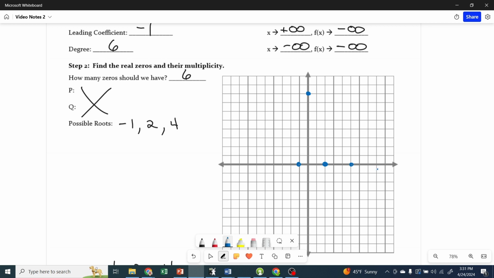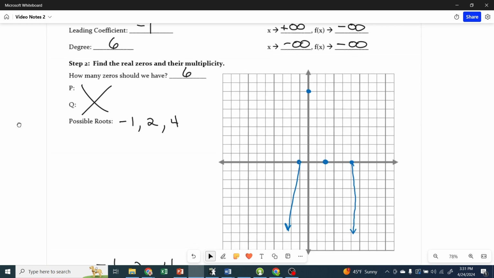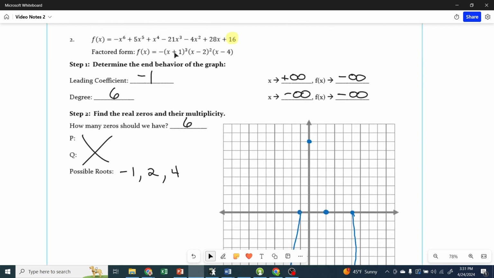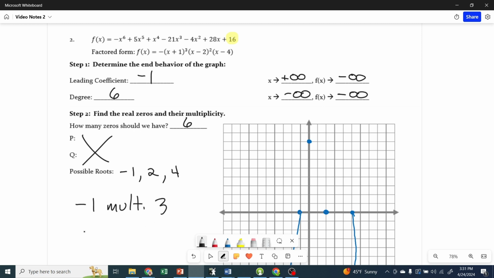Now we know that this graph is going down, so we're going to be doing this right here. Okay. Now one of the things we look at is the multiplicity. So -1 has a multiplicity of 3, and +2 has a multiplicity of 2.